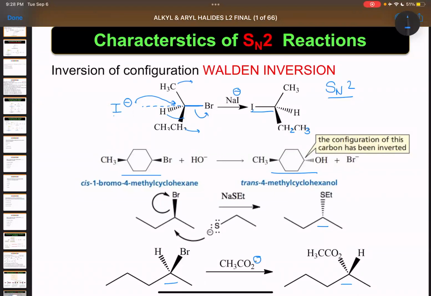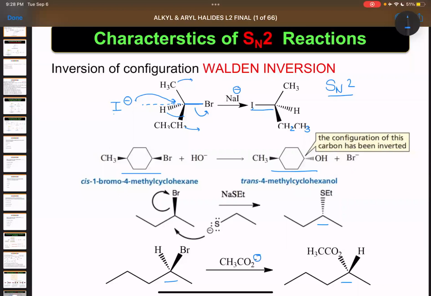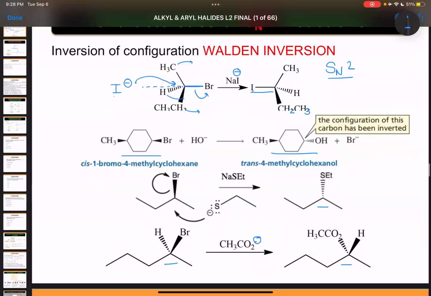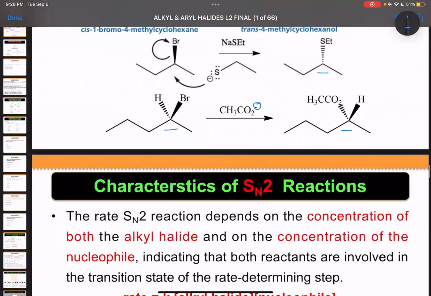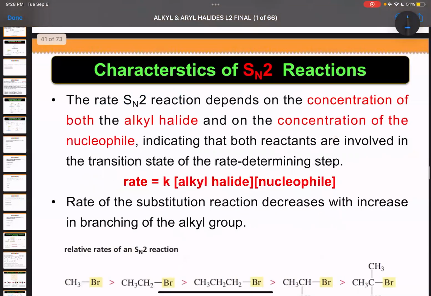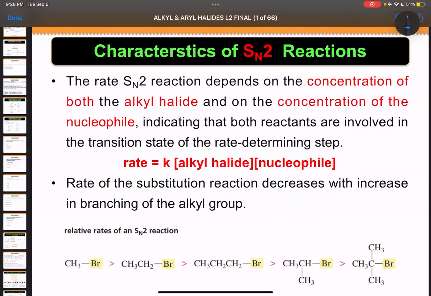So in SN1, for example, the solvent itself acts as a nucleophile. For example, water. Water is not a very good nucleophile, so the nucleophile just sits idle, meaning they are weak nucleophiles. It waits for the leaving group to come out and form a cation.